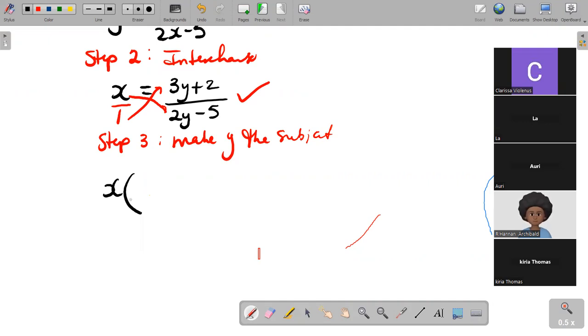Is it the 3y or the 2y? Excellent. So it's the 2y minus 5, equal. We're going to go on the other side. 1 times the top. And you should know that anything times 1 is itself. So you just have to write it back. 3y plus 2. So this is where we reach.